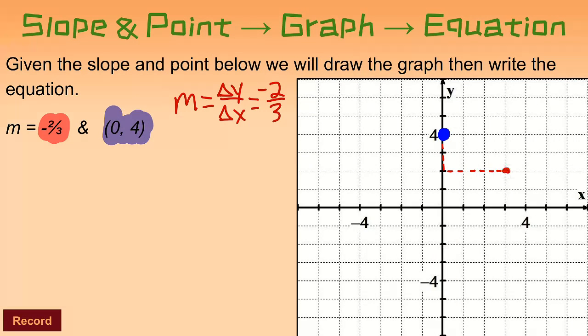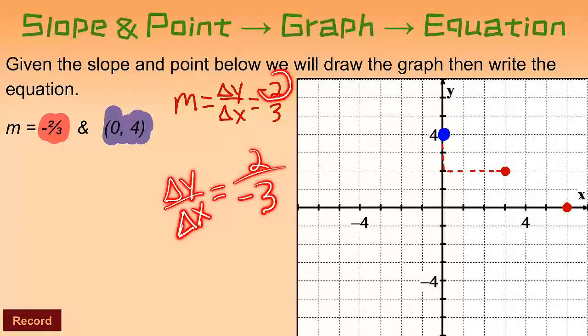So our point is going to be right there. And then we can continue on with that same slope, down 2 to the right 3, so we need a point right there. And we can't go any more in that direction. Now, when I said that we could also think of this as 2 over negative 3, that means that our delta y is up 2 and our delta x is to the left 3.